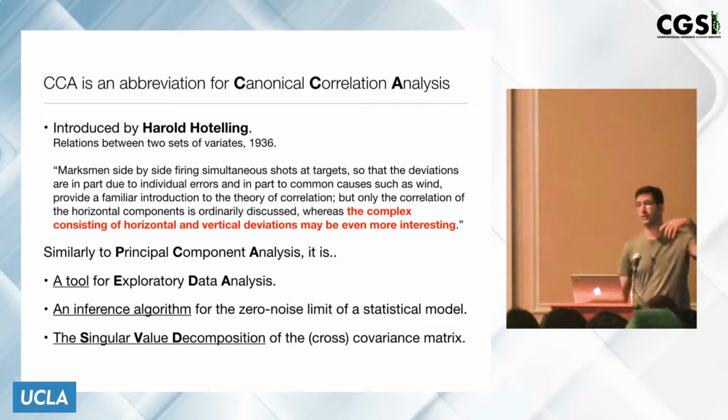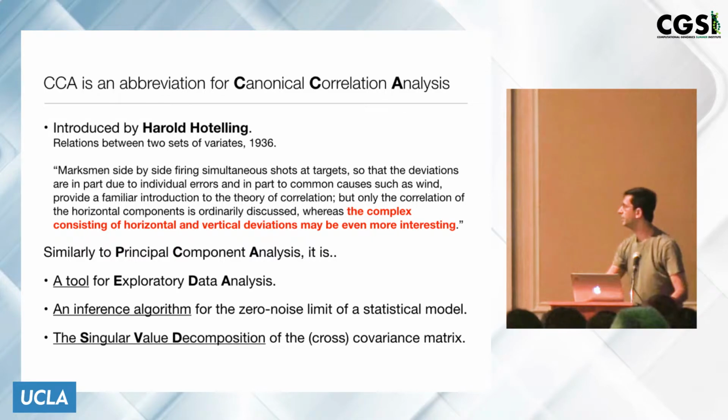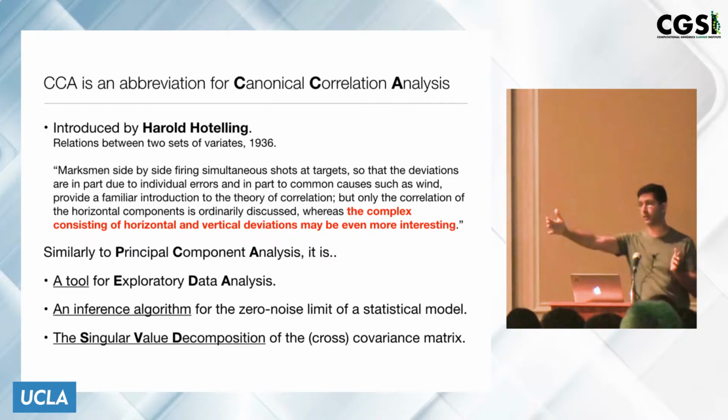His mindset in introducing this was an application of shooting, even back then, what do you know? You have two marksmen side by side. The application here is that there are independent random factors affecting their shots. They're very nervous when they shoot, so they shake a little bit. But then there are effects such as wind, which affect both of their shots.